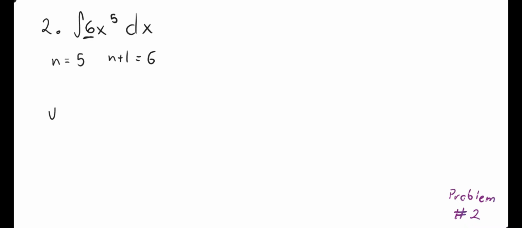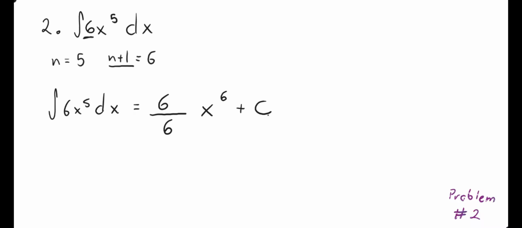So the integral of 6x^5 dx equals 6 over, remember we're doing n plus 1 here, 6, x to the 6 plus 1, that is 6, plus the constant, so C.